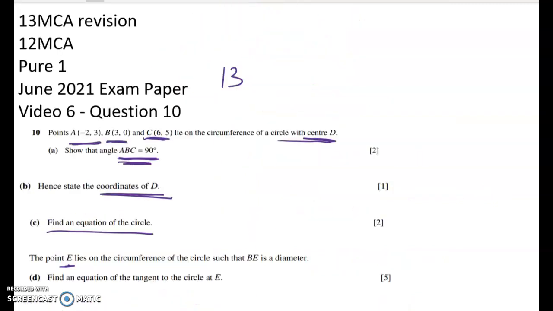Okay, question C is to find the equation of the circle. So for this we need the radius. Now we've got C is (6, 5) and D is (2, 4). So the length CD is going to equal the change in the x coordinates squared. It's just Pythagoras, right?